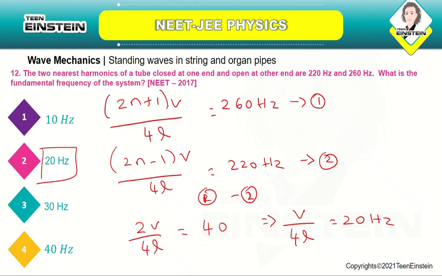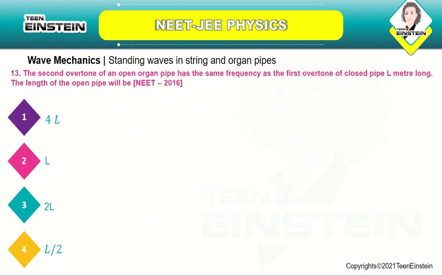Okay, so let us now move on to the next question. The second overtone of an open organ pipe has the same frequency as the first overtone of a closed pipe L meter long. The length of the open pipe will be? Okay, so the second overtone of the open pipe is the third harmonic.